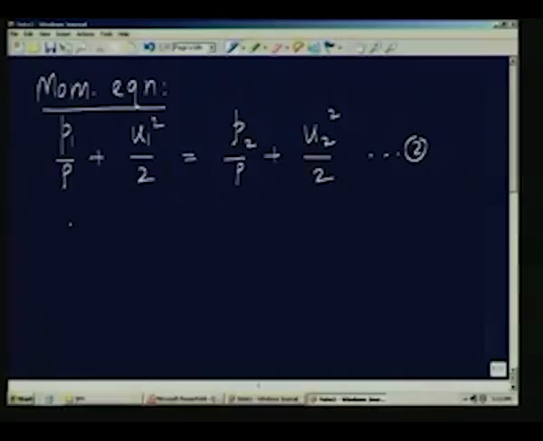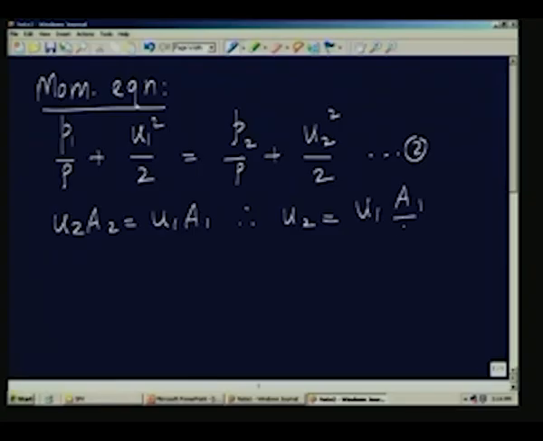From equation 1, I can do the following. You remember u2 a2 equals u1 a1, and therefore, I can say u2 is u1 into a1 divided by a2. So, I can substitute into equation 2.